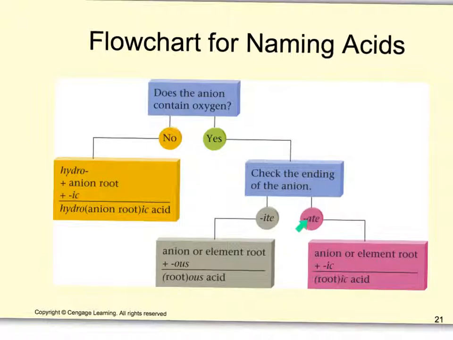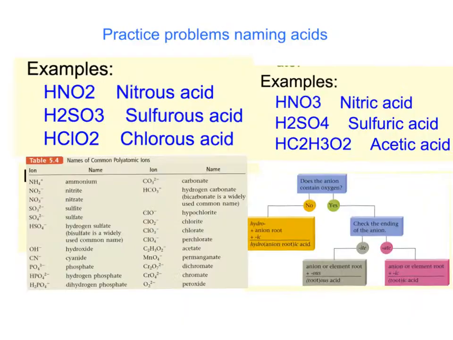If that chemical compound ended in ATE, we're going to drop the ATE, we're going to add IC, followed by the word acid. Now, if oxygen is not present, we will use the prefix hydro, the anion name, IC ending, followed by the word acid. What did I just say? Well, let's look at some examples, and I believe we'll make this a lot easier.